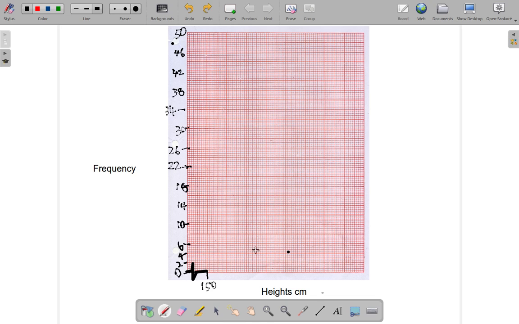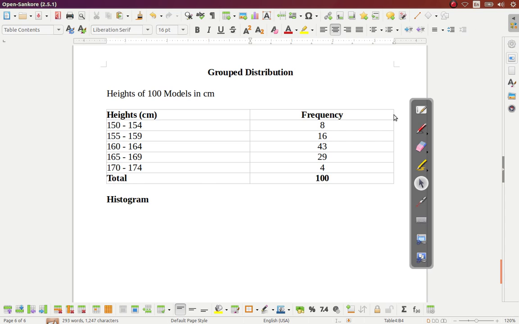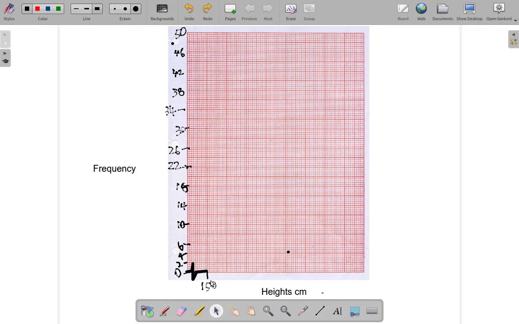Now, from 150 to 175, what would be a good scale to use? If you say 150, 55, 60, 65, 1 centimeter or 5 units, that wouldn't work, right?